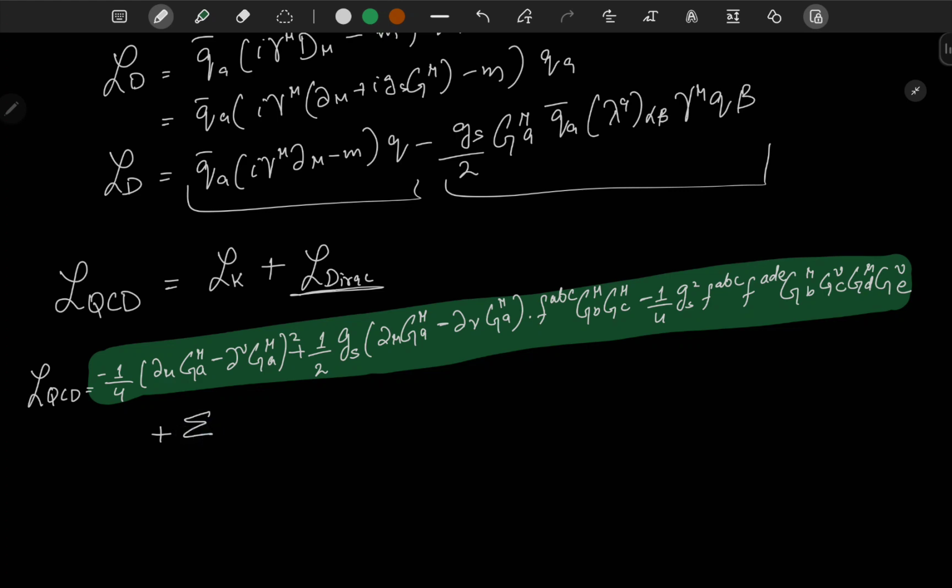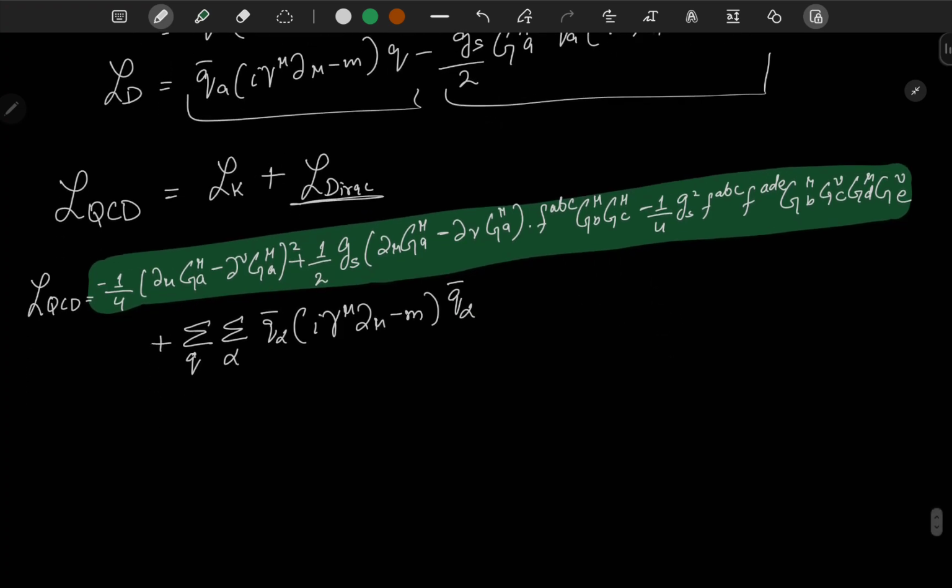I'm going to write it in a proper way, because there is a sum on q, because we have three colors, and there's a sum on alpha: q bar alpha i gamma mu d mu minus m q bar alpha, minus 1/2 gs g mu a q bar alpha lambda of a.